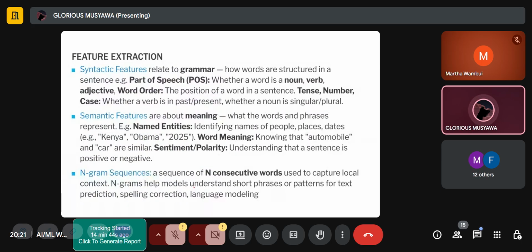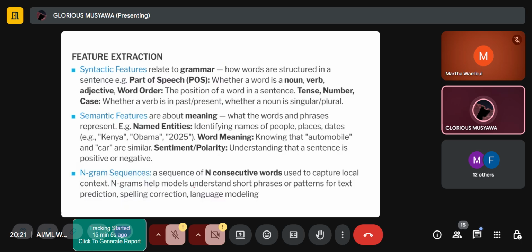Also, as part of feature extraction, we have syntactic features, which relate to grammar. That is, how words are structured in a sentence, for example, part of speech. It's whether a word is a noun, a verb, an adjective.